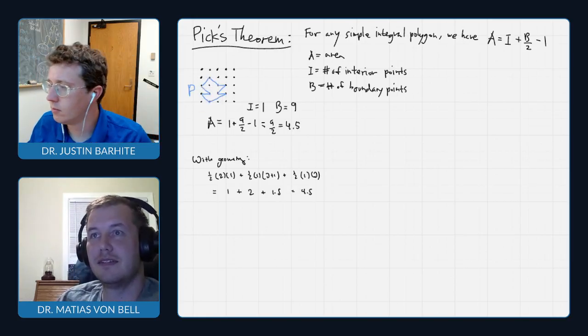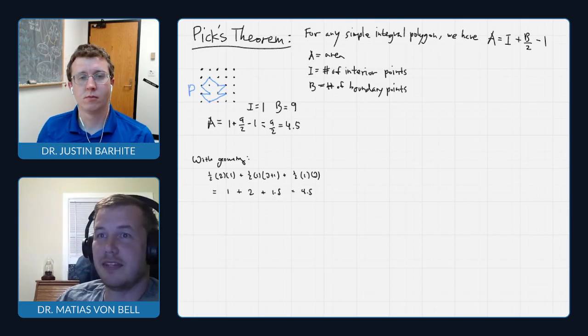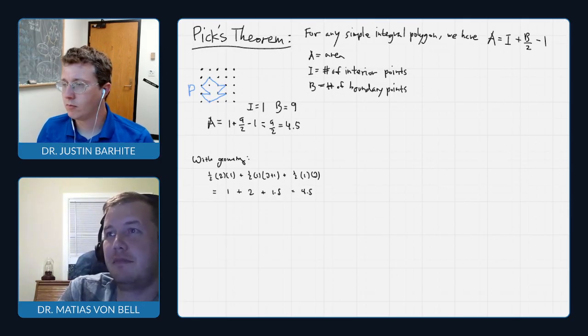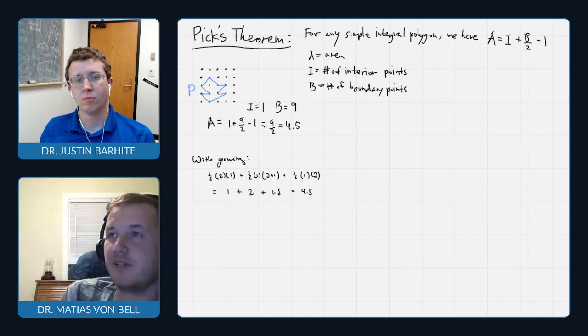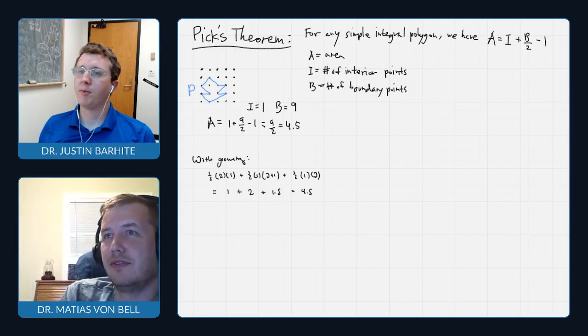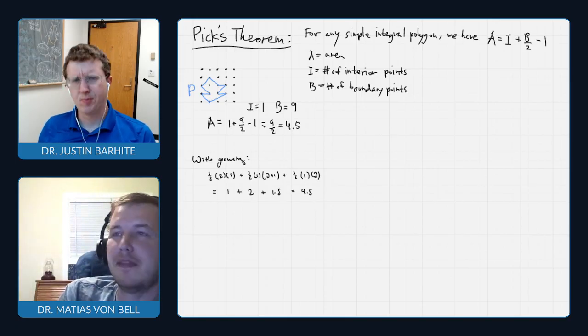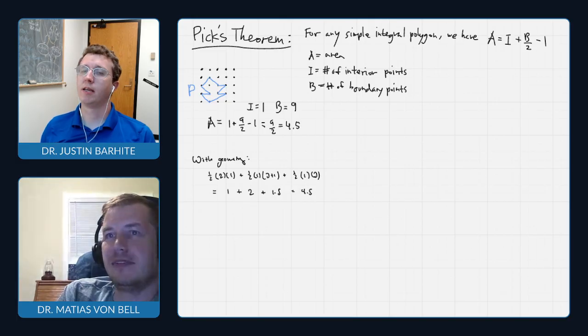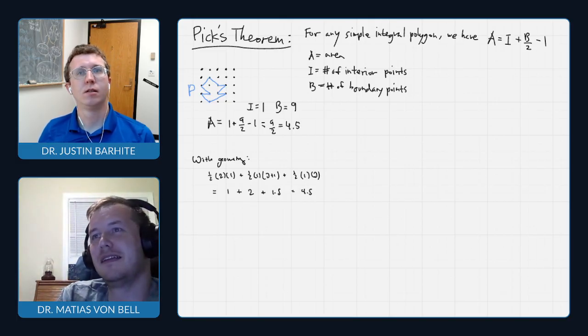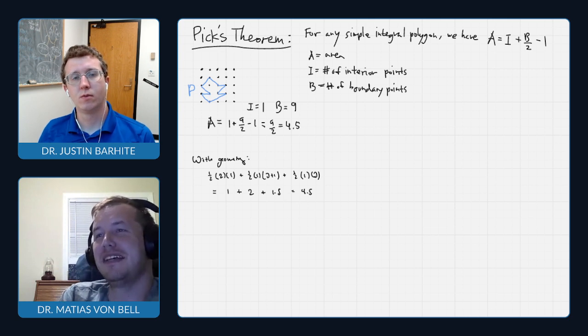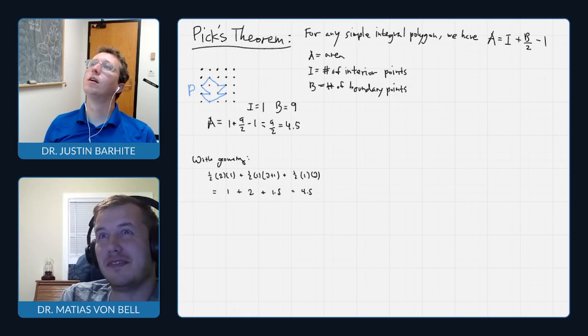Nice. So we're going to prove this, but it works in general for any simple integral polygon. So maybe I should say what that is. I know what polygon means, I think. I don't have a good definition of a polygon. It has sides and vertices.